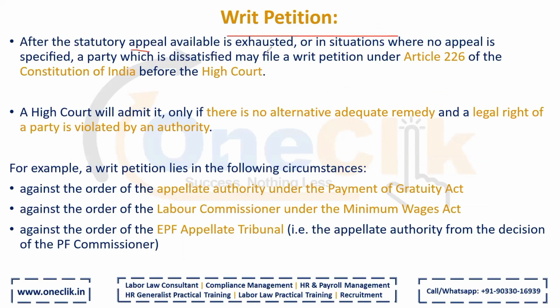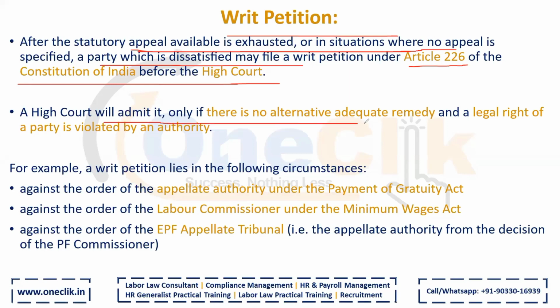After the appeal is exhausted, and in a situation where no appeal is specified under the particular issue, or you are dissatisfied, you can file a writ petition under Article 226 of the Constitution of India before the High Court. We have power, every employee has. The court will admit only if there is no alternative adequate remedy and the legal right of the party is violated before the authority. They will check first of all.